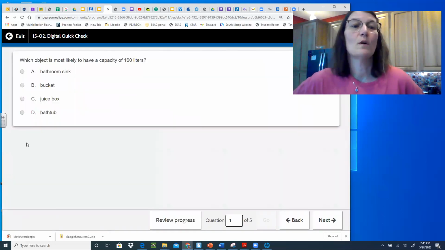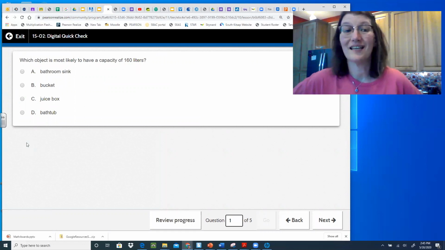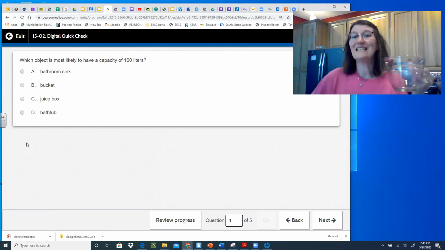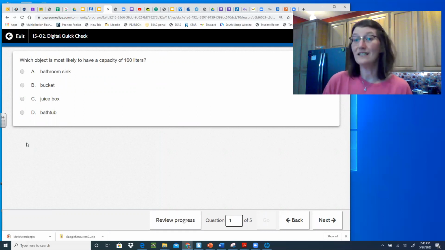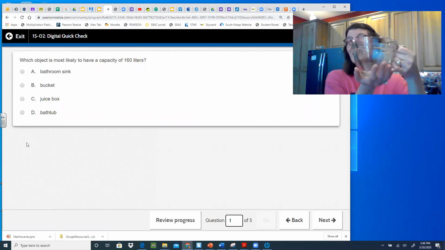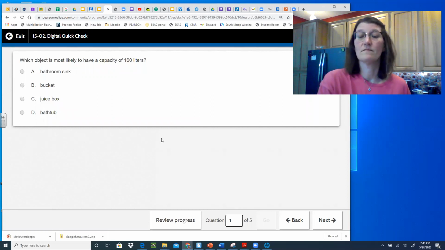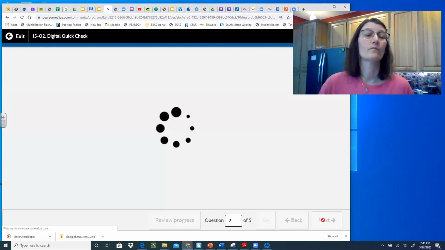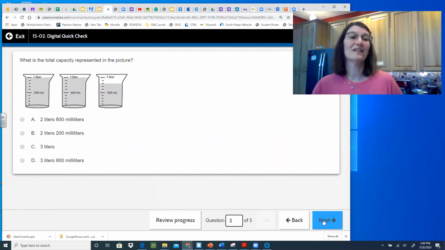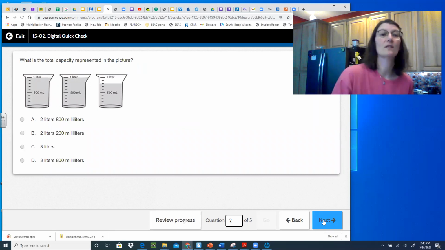Which object is most likely to have a capacity of 160 liters? 160 of these. Bathroom sink, bucket, juice box, or bathtub. What is the total capacity represented in the picture?